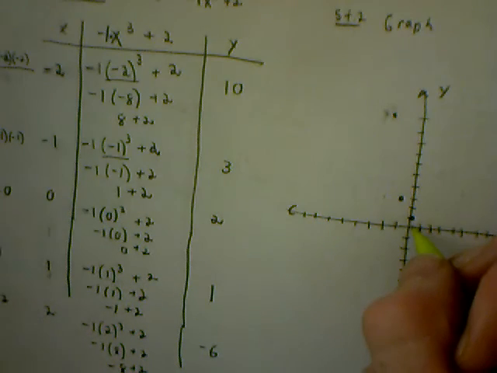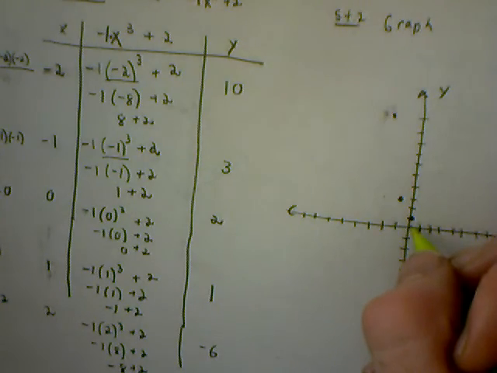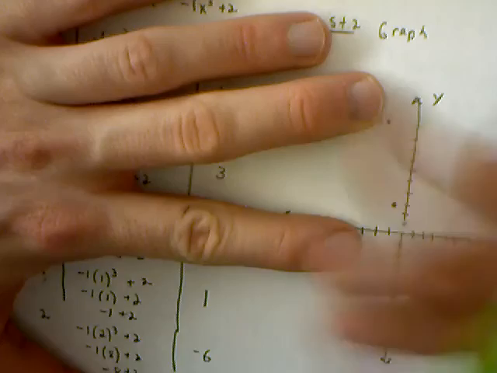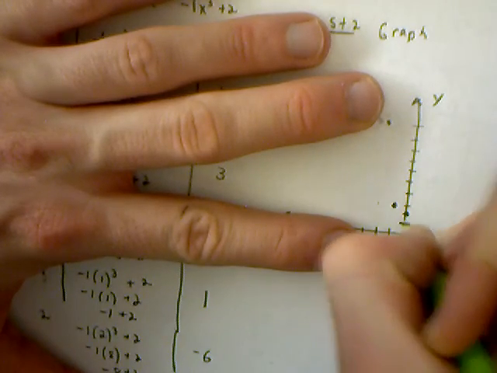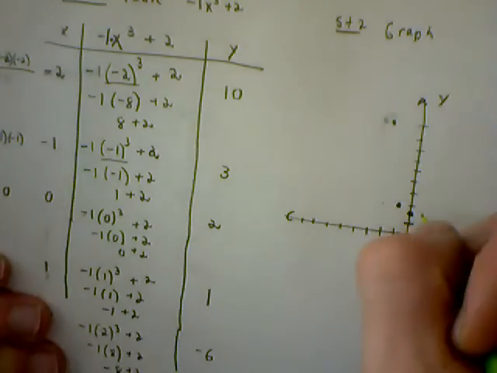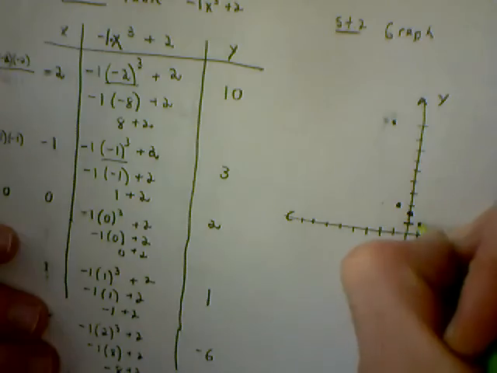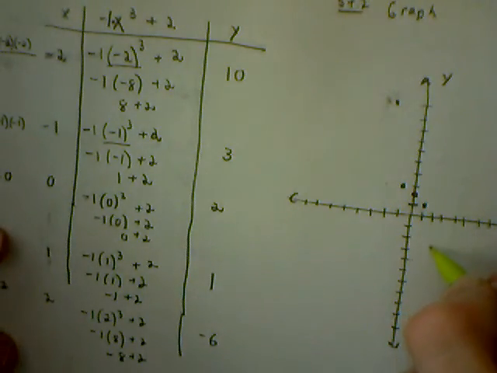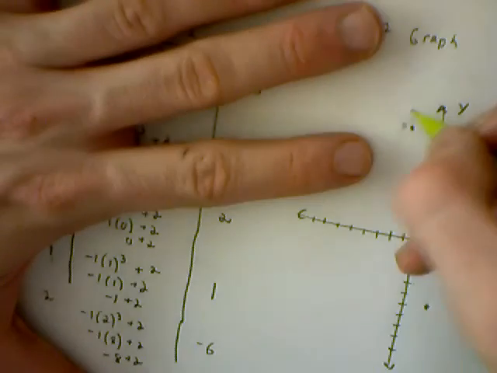Where did I make a mistake at? Oh, sorry, I plotted that wrong. That should be 0, 2 right here. 0, 2. That was right there. And then now here, 1, 1 is right here. And then last I have 2, negative 6 down here. So now I'm going to go ahead and sketch my curve.